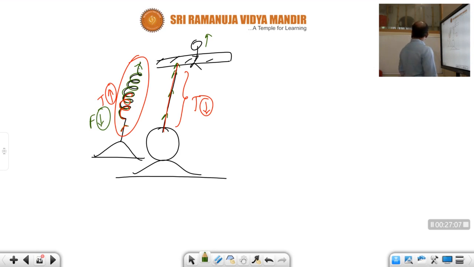Okay, children? So this is the purpose for which we are using suspensions in vehicles. Due to the suspensions, most of the time we are not experiencing that impulse. If those suspensions were not there, each and every time while you are moving over a speed breaker or uneven roads, definitely you will experience impulse force.